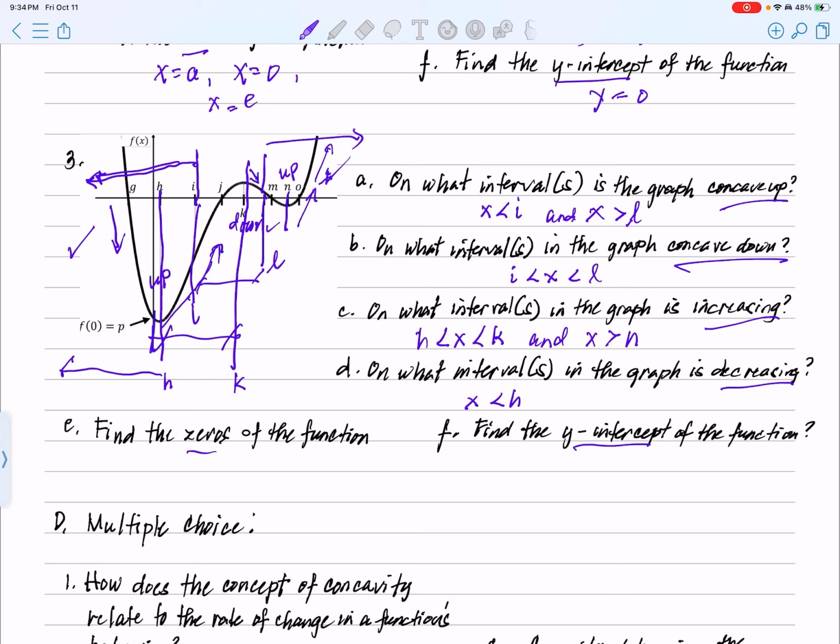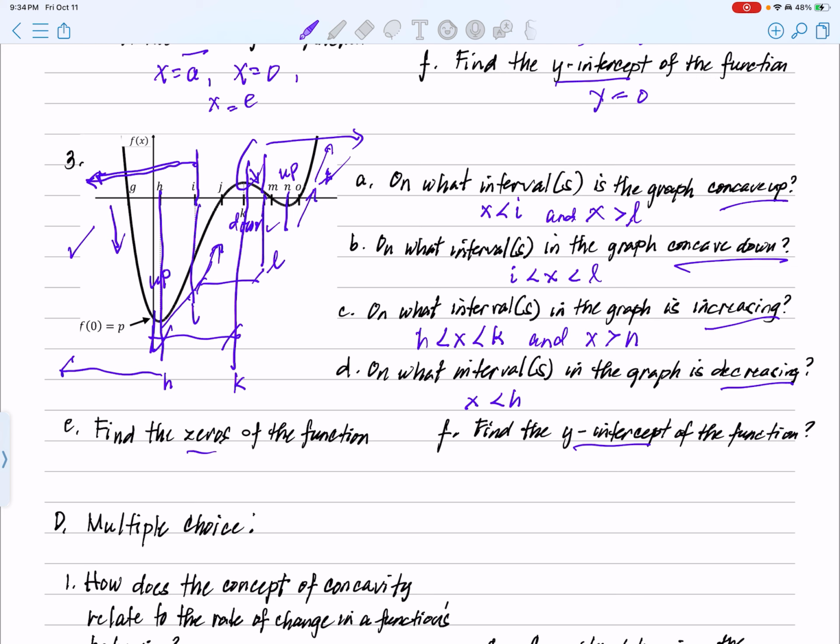Any other interval that is also decreasing? Let's look at here. Okay, I see a decreasing before going up, before doing a concave up. So I see from k to n.